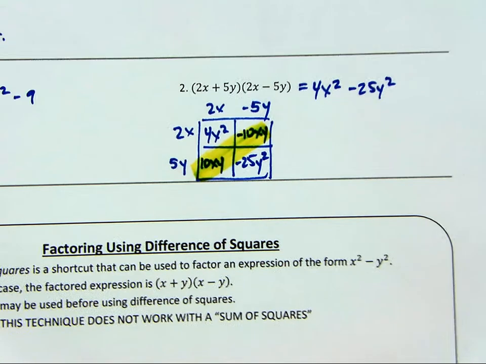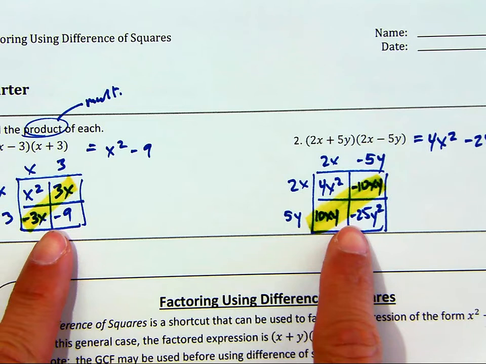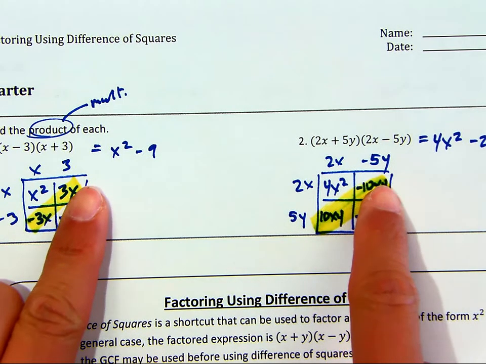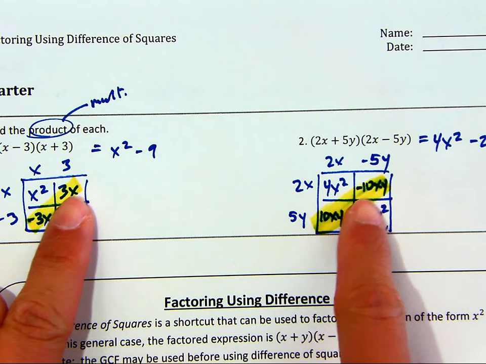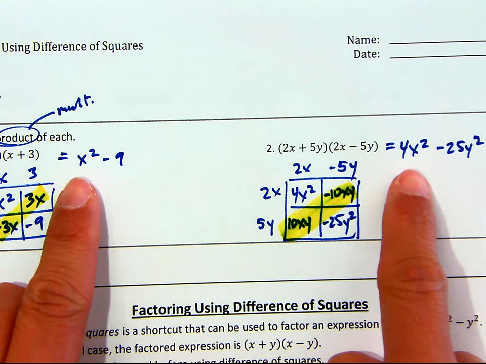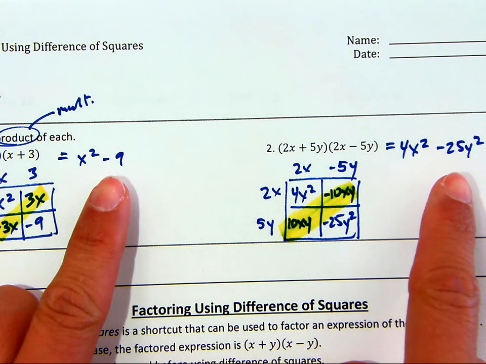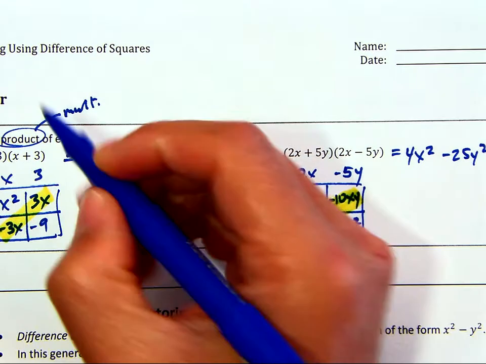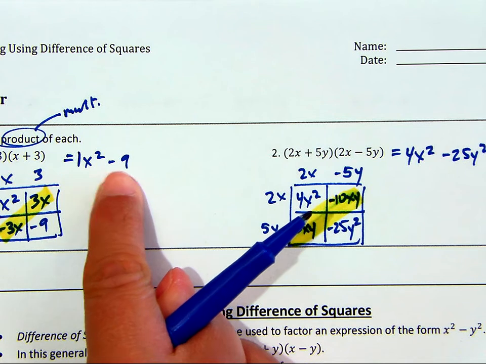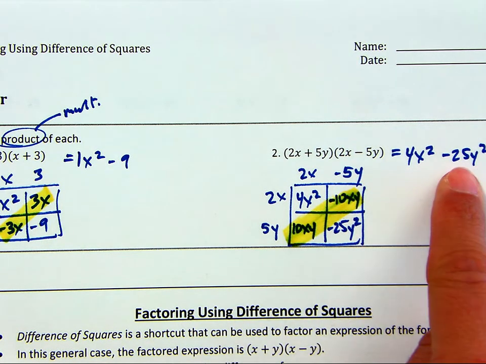All right, so factoring difference of squares is going to take advantage of this particular pattern where the like terms cancel out. And if you look at the 2 answers we got, every coefficient here is a perfect square. This is a 1, which is 1 squared. This is a 9, which is 3 squared. 4 is 2 squared. 25 is 5 squared.